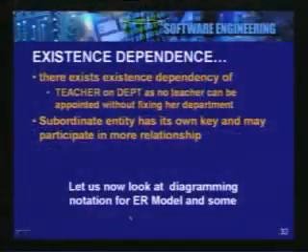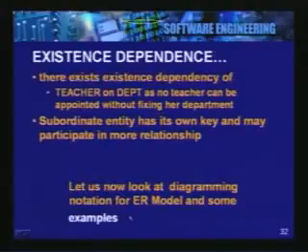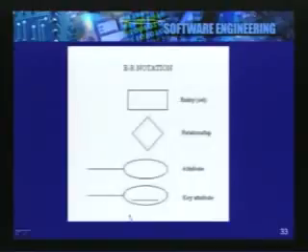Let us now look at the diagramming notation for ER model and look at some more examples. Here are the diagramming notation symbols we will be using. An entity is represented by a rectangle, and we will write the name of the entity within this rectangle. A relationship is represented by a diamond.